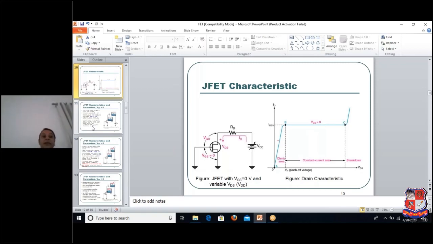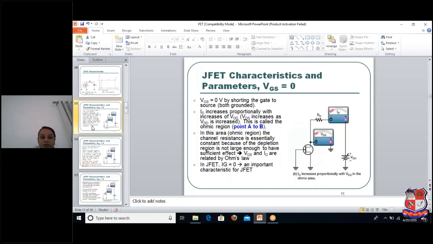It becomes saturated, because after that, increasing the voltage does not increase the drain current. This current is known as the saturated drain current, which is known as IDSS.